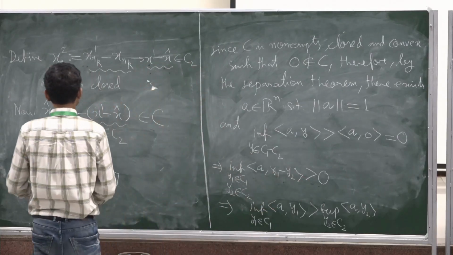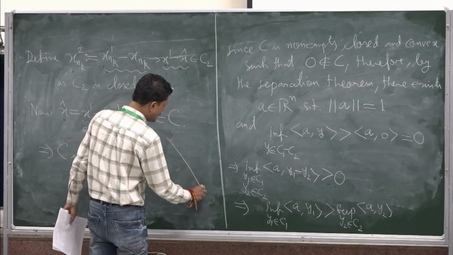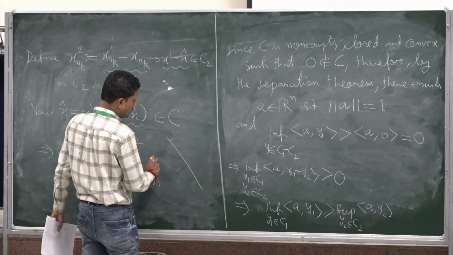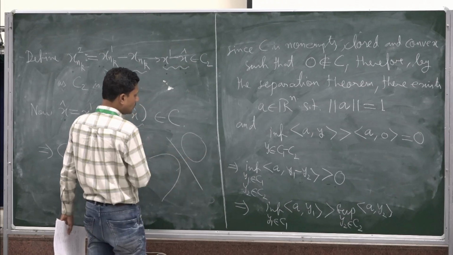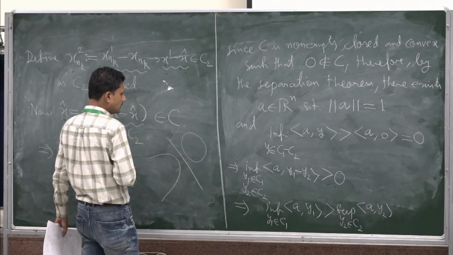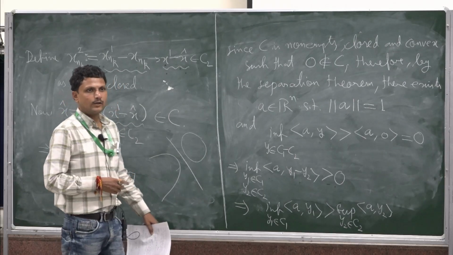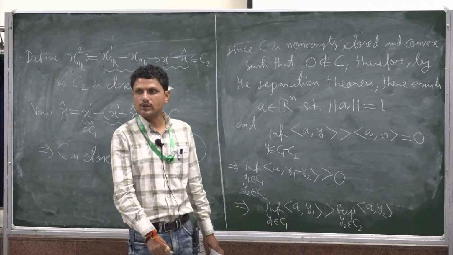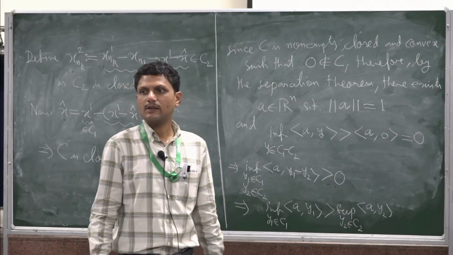So you observe that this one was the case where the set is bounded, but if these two sets are not bounded, you try to find two sets which are unbounded but convex.